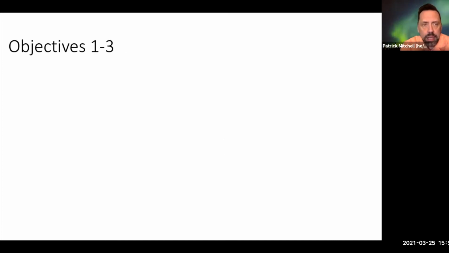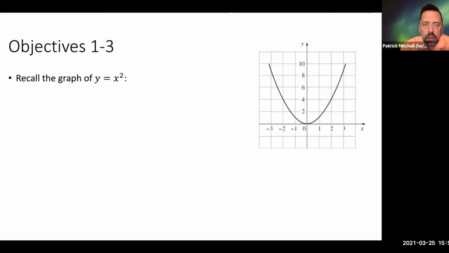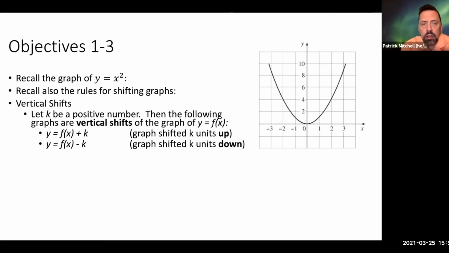All right, so speaking of objectives 1 through 3, recall from chapter 8 that the graph of y equals x squared looks like this. It's called a parabola. And recall also the rules for shifting graphs. You can shift a graph vertically by adding or subtracting a positive number onto the end of the function.